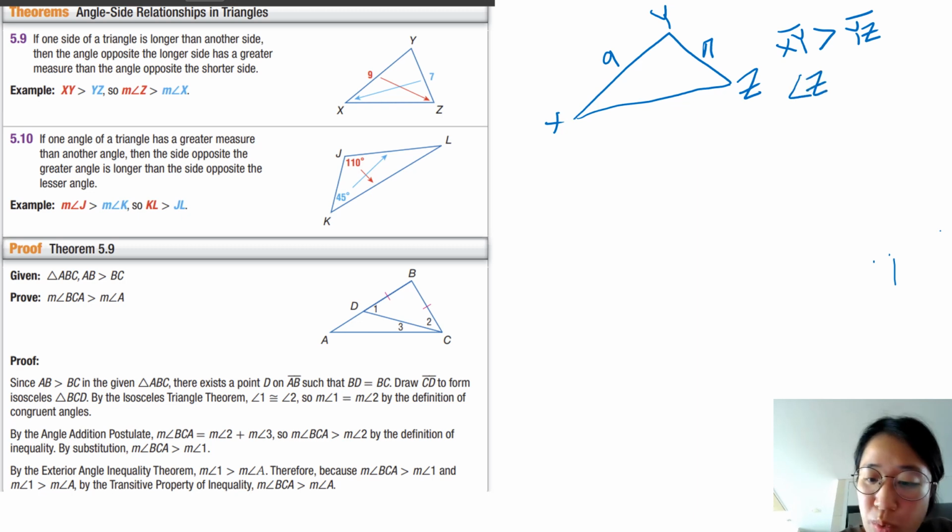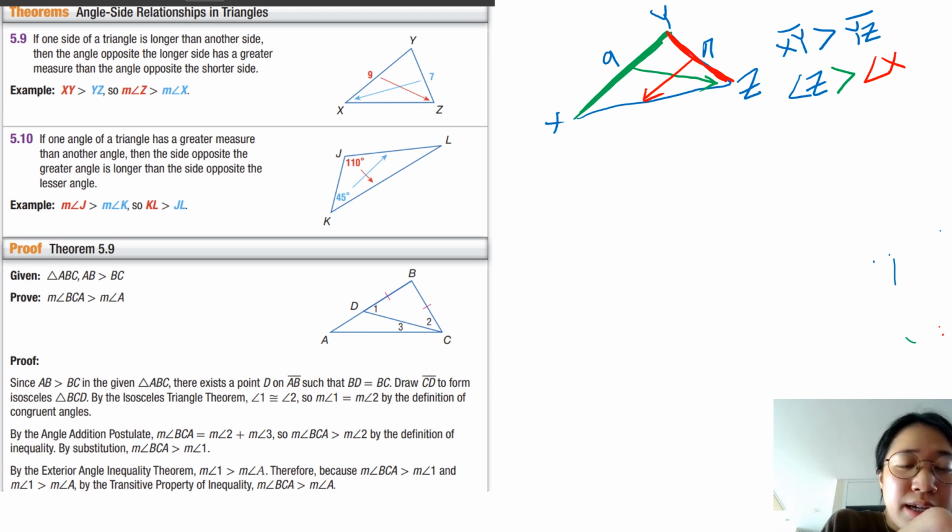Then angle Z, which is the opposite angle of the side XY, is greater than, I'll change my color, angle X, which is the opposite of YZ. So let me read the theorem right here.